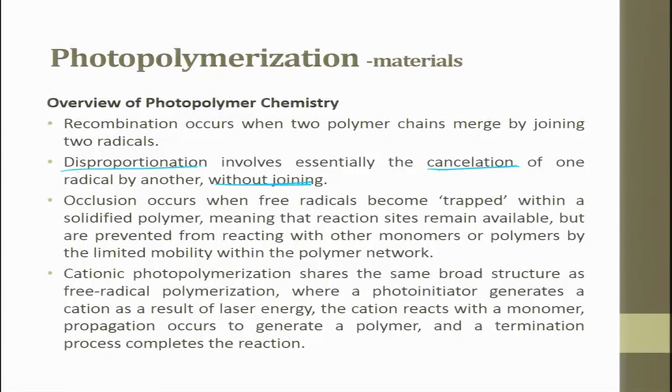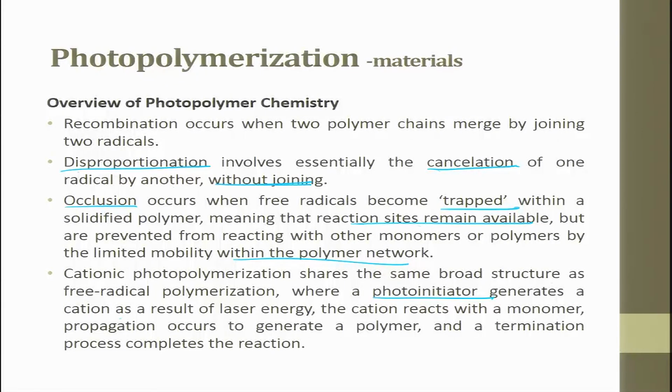Occlusion occurs when free radicals become trapped within a solidified polymer, meaning that the radical sites remain unavailable but are prevented from reacting with other monomer or polymer by limiting mobility within the polymer network. So, this is occlusion.